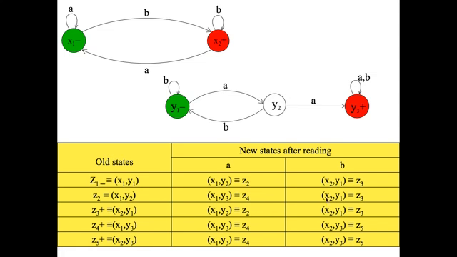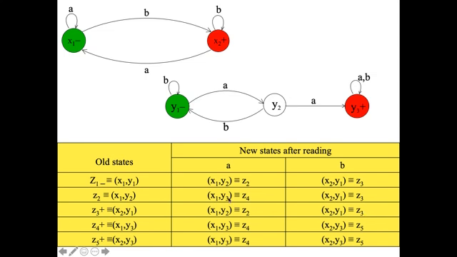Now let's take this Z3, which is basically X2, Y1, and since X2 is a final state, we label it as plus. Now in X2 reading A, we go to X1, and in Y1 reading A, we go to Y2, which is Z2. In X2 reading B, we go to X2, and in Y1 reading B, we go to Y1, which is actually Z3.